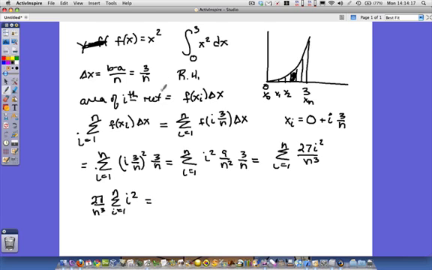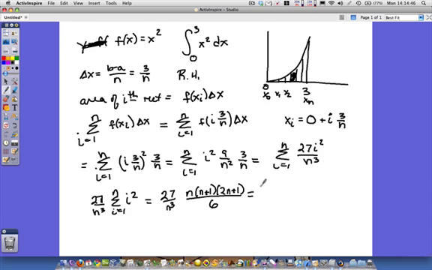And then we can simplify this summation using the formulas that I showed you the other day. The sum of i squared is just going to equal n times n plus 1 times 2n plus 1 all over 6. Okay, and that's a formula. You probably should know that. I guess in the scheme of things it's not terribly important, but if you can remember it, fine.